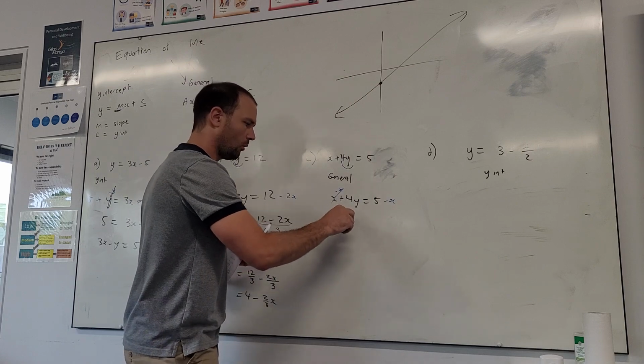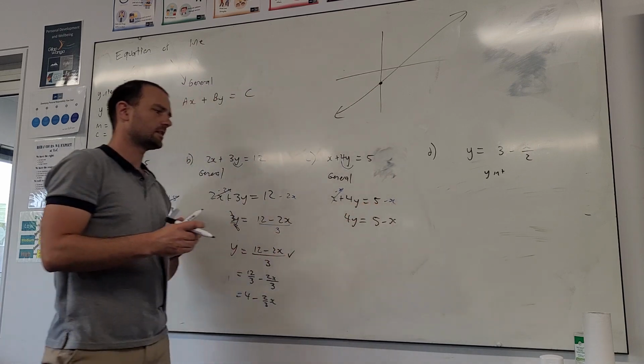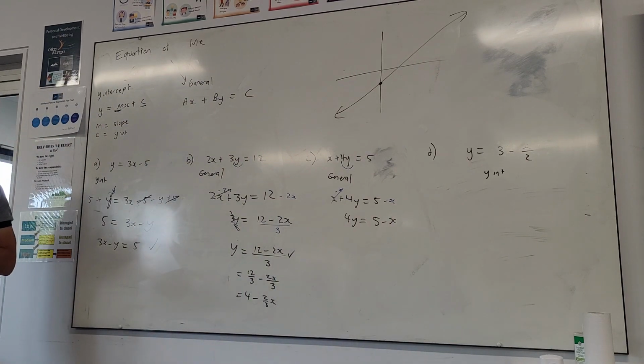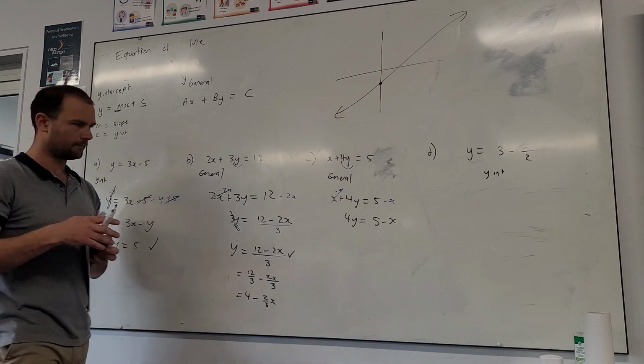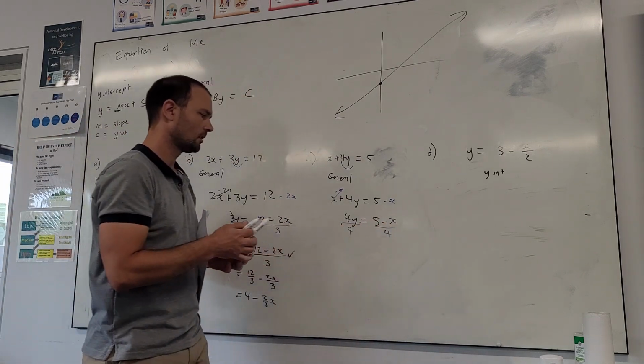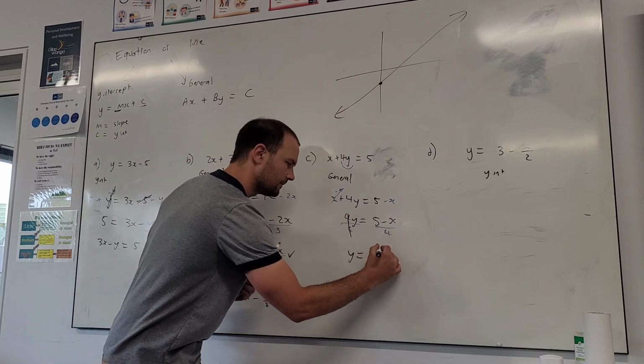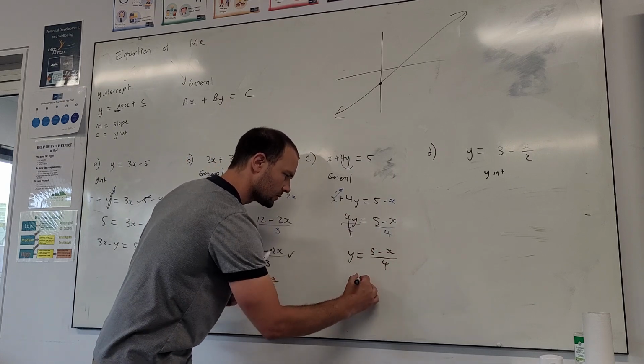And we'll have 4y equals 5 take x. Next, divide by 4. So that'll cancel. 4 at the top and bottom cancels. Y equals 5 take x on top of 4, we'll split it.